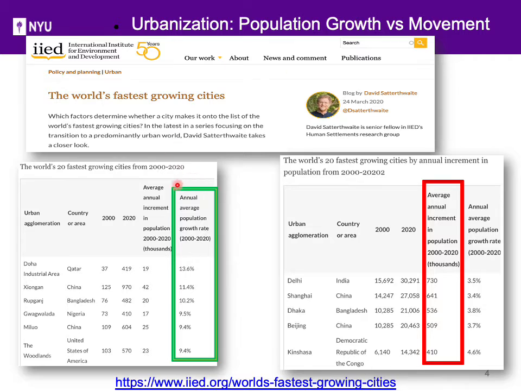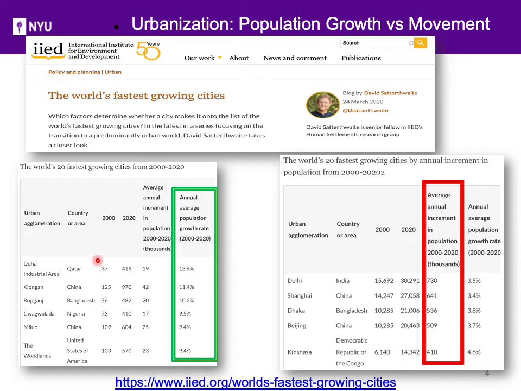It looked at major cities over a 20-year time span from 2000 to 2020, and at cities in which their overall population expanded based on actual population growth. It listed these cities in countries, for example, in Qatar, China, Bangladesh, Nigeria, and the United States.